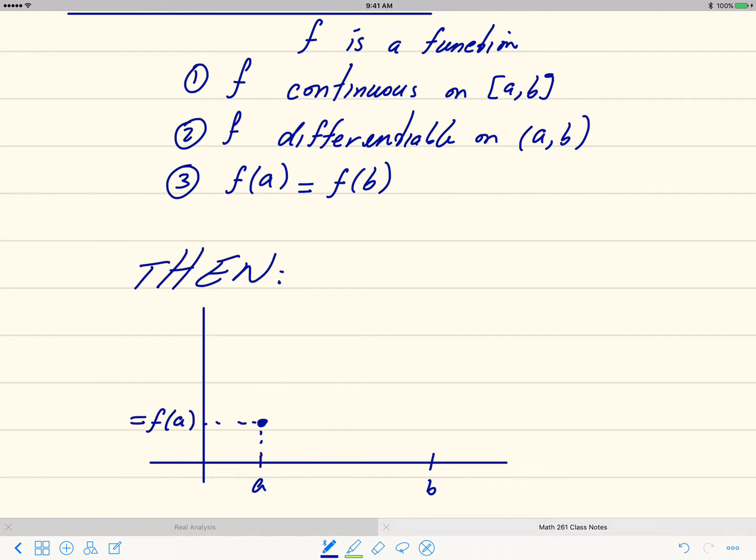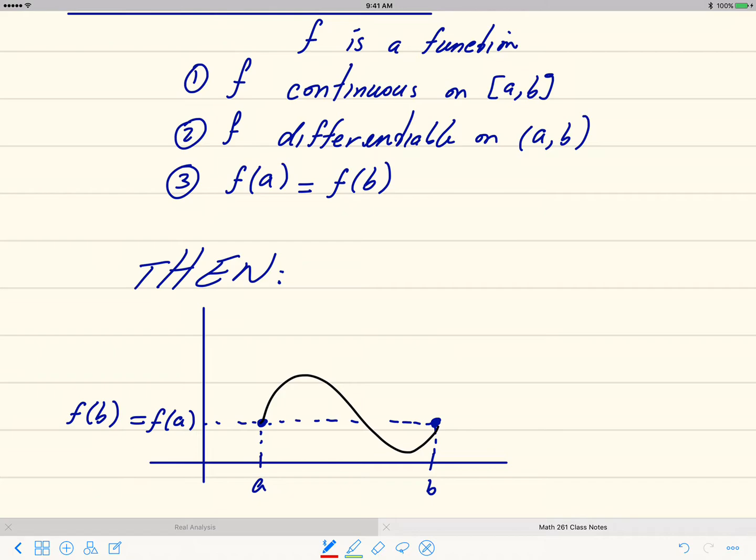It should also be f(b), so if I trace that down here, it's also f(b). So this function can do whatever it wants. It's continuous on the interval and it's differentiable on the open interval.